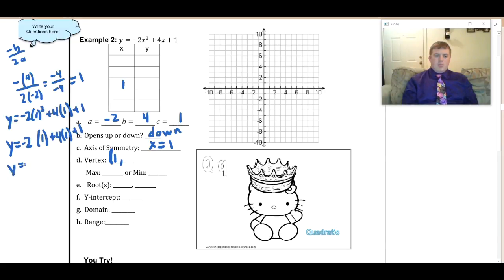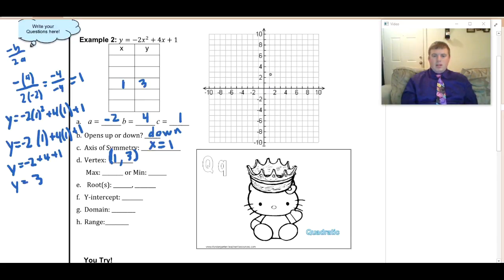So we have y equals -2 plus 4 plus 1. When we combine these together, -2 plus 4 is going to be +2, and +2 plus 1 is going to be 3. So I'm going to have a vertex at 1, 3. I'm going to fill this into my chart, and then I'm going to plot this point on the graph.